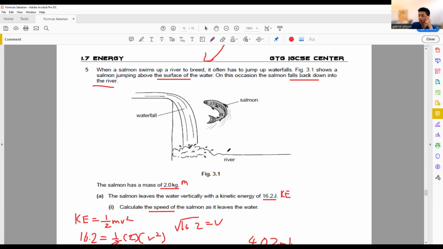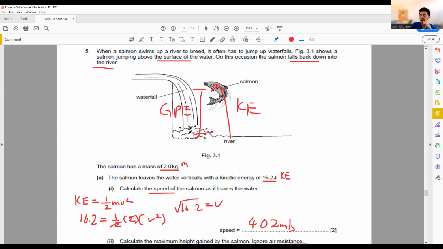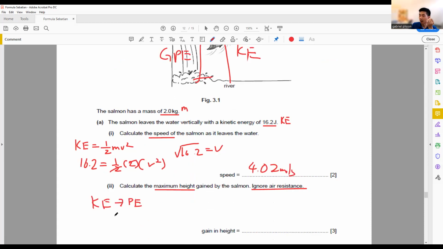Which makes sense, because this salmon must have some form of kinetic energy for it to gain a height, which is your gravitational potential energy here. So from here, I know that it's going to be KE equals to mgh, because I'm assuming full conversion, right?